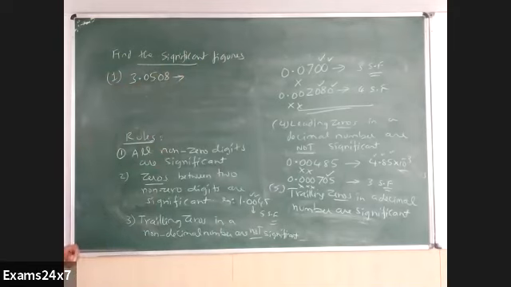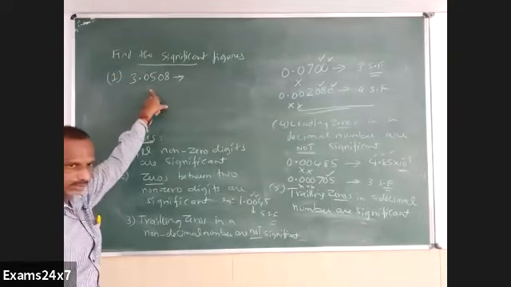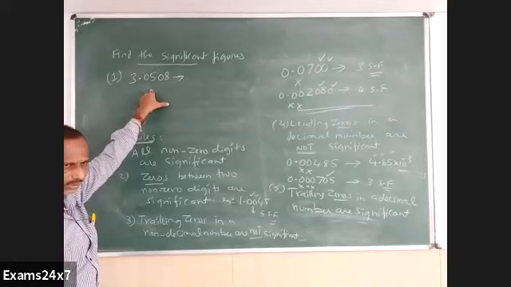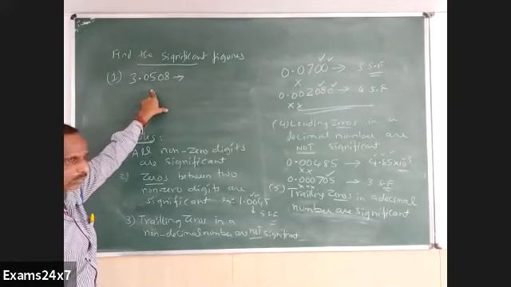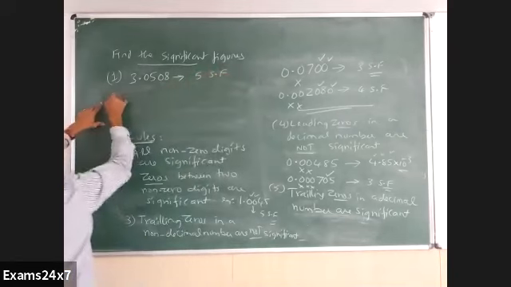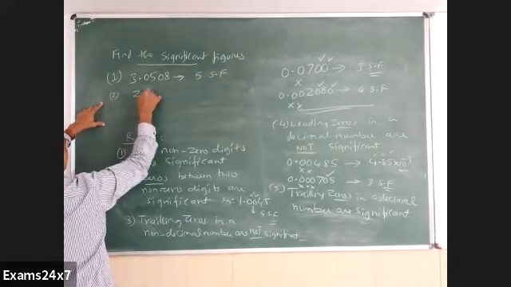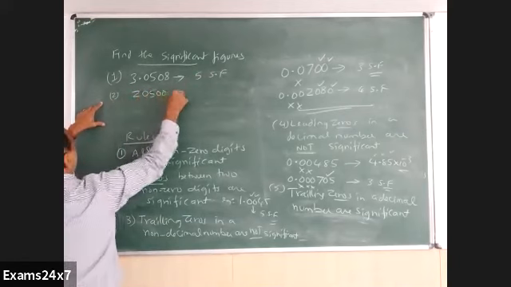Spandana, 3.0508 has how many significant figures? You can see the number 3.0508. I think it's a very simple question. 5. 5, correct. 5 significant figures are there in this. 20,500.